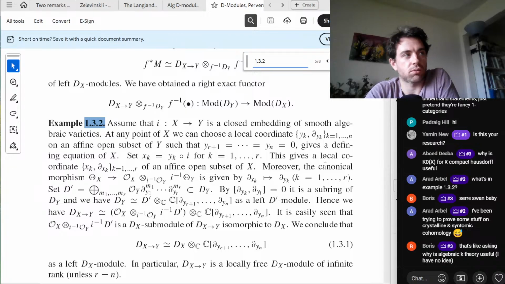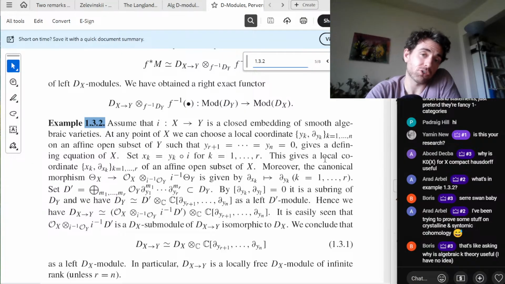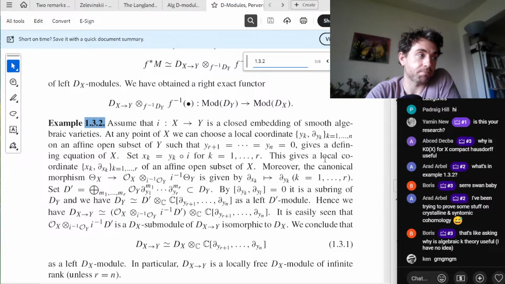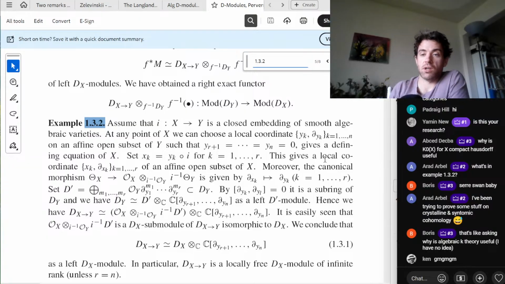How do you tell apart two topological spaces? You could have two topological spaces with the same number of holes in them that are different, but if they have a different number of holes, then you know that they must be different, right? So same thing with K naught. It's just some invariant that can, but not always, help you tell apart two spaces.